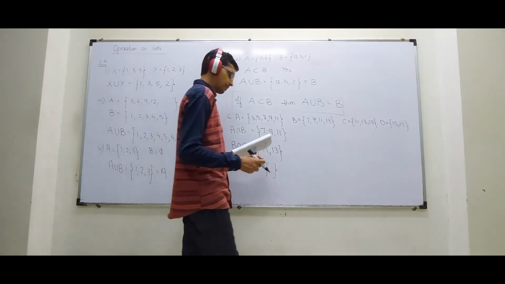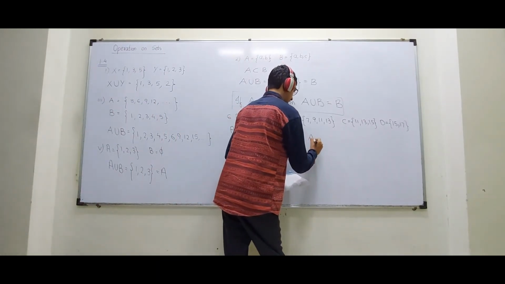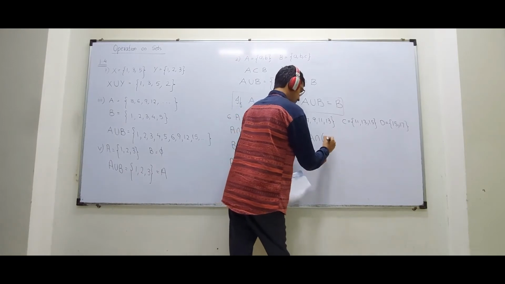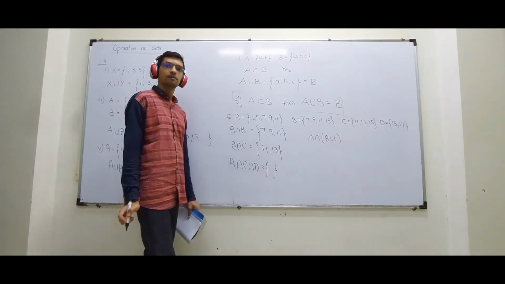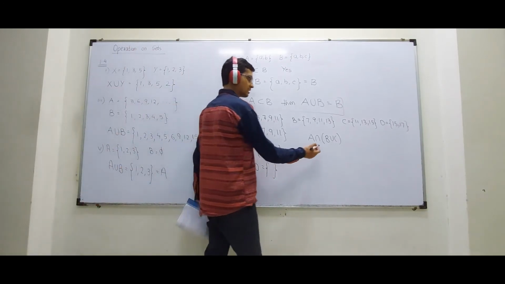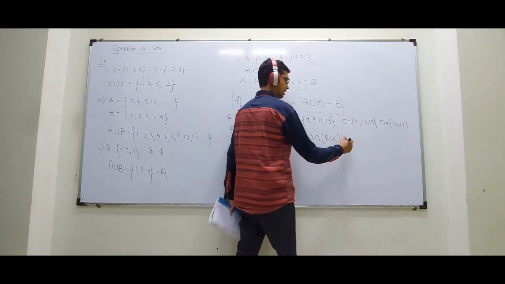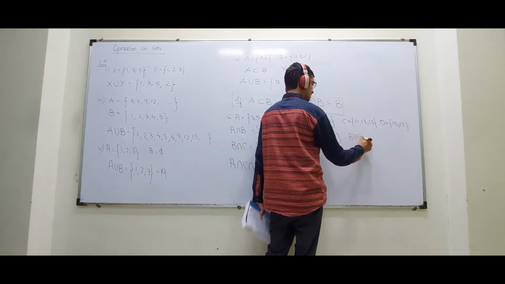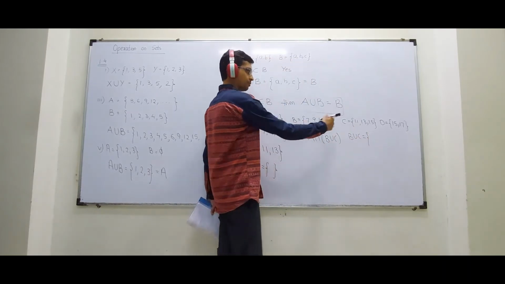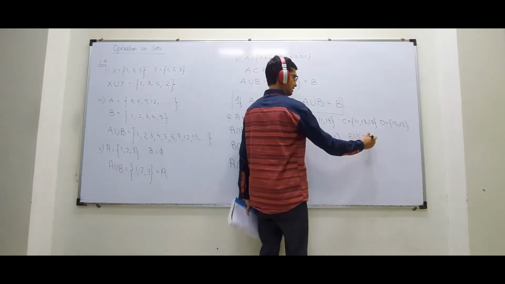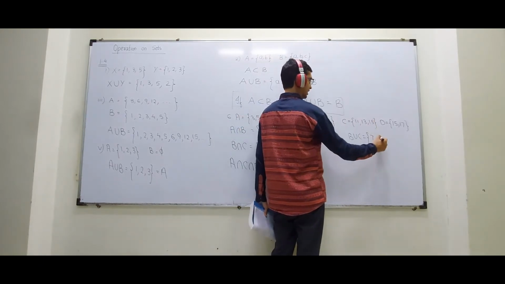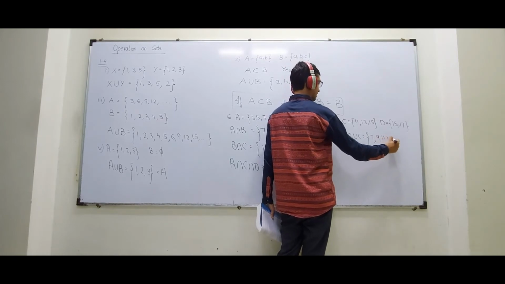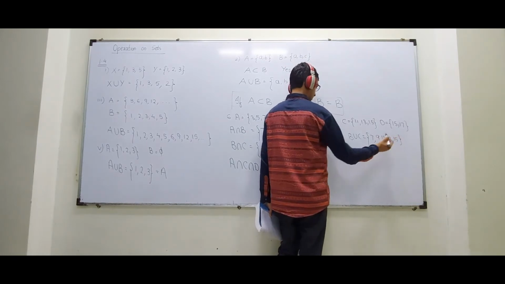Then we have A intersection B union C. Here I will solve bracket by bracket. First I will find what is B union C. So B union C is 7, 9, 11, 13, 15.